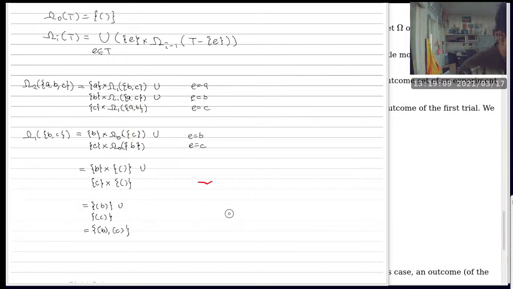Okay, so omega 1 of AC becomes just the set of single tuple A and single tuple C. Omega 1 of BC, same deal, is just the set of single tuple B and single tuple C. Oh, we just did that one, didn't we?